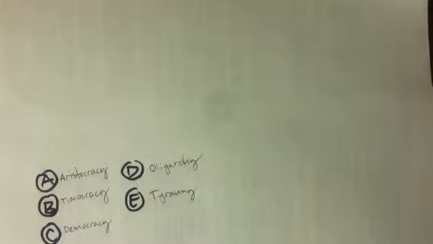C, democracy, where the criterion is popularity, according to Plato. D, an oligarchy, where the criterion for rule is wealth, the rich rule. And E, tyranny, where the criterion for rule is absolute power.